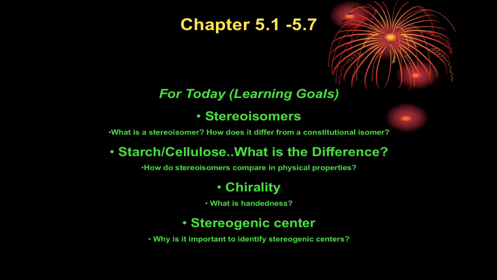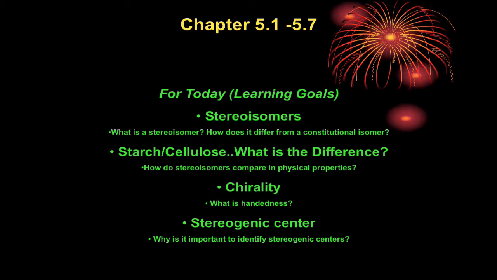So today our goals are to determine what a stereoisomer is. How does it differ from a constitutional isomer? So at the end of the day, you should be able to identify those two things pretty straightforward. We're going to talk a bit about two things that you know very well, starch and cellulose, bread and cotton kind of differences, okay?